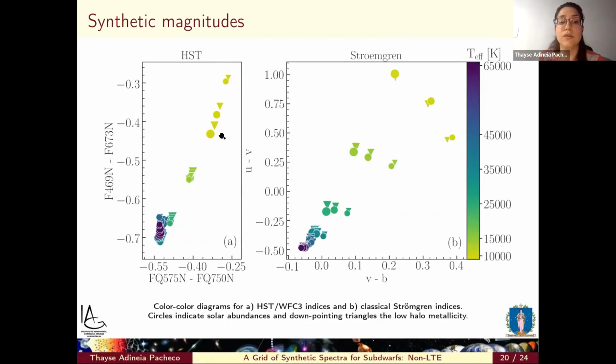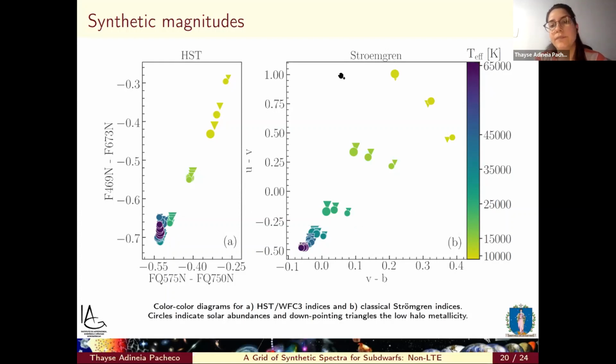Here the circles are indicating the solar abundances, and the down pointing triangles are indicating the low halo metallicity. So we can see this linear dependence of temperature here.